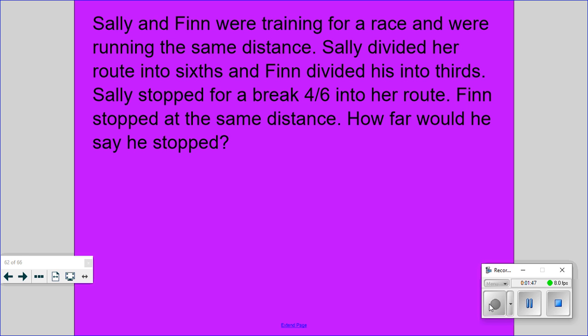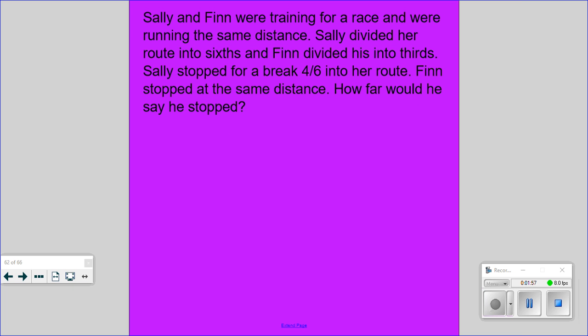Finn stopped at the same distance. How far would he say he stopped? So we want to know, what does Finn think the stopping point is? That's what we're trying to figure out. So let's write that as our answer sentence.